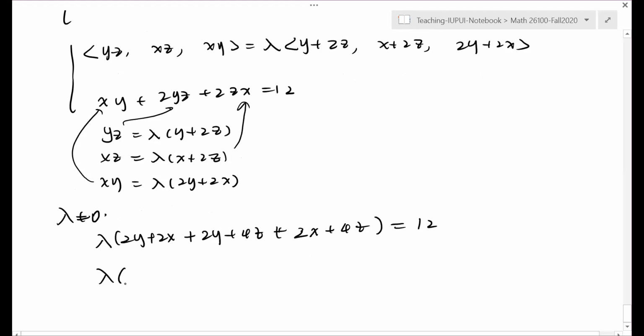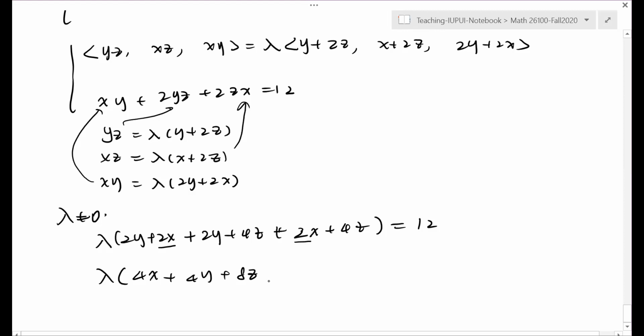Otherwise, you have a problem here, right? So you have a 4y, how many x? 2x, 2x, you have a 4x. Then you have a 4y, right? And have an 8z. Yeah, 8z. I'm surprised you have 8z.